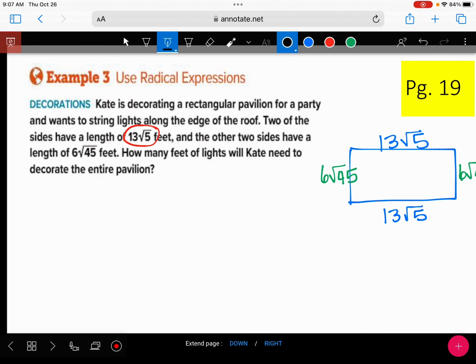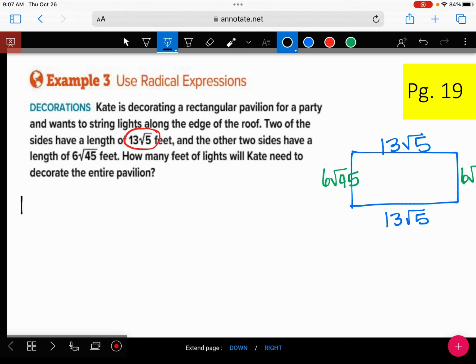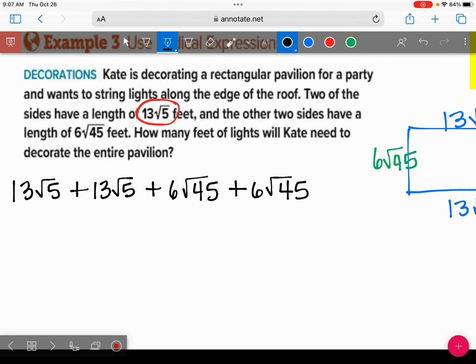So I'm just going to rewrite that so it's a little neater. So I have 13√5 plus 13√5 plus 6√45 plus 6√45.